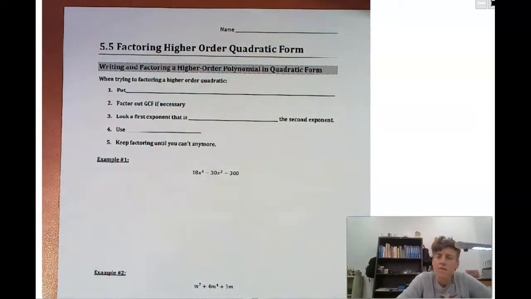So if we want to factor a higher order polynomial in quadratic form, we first need to put it in standard form. Always a good first step.